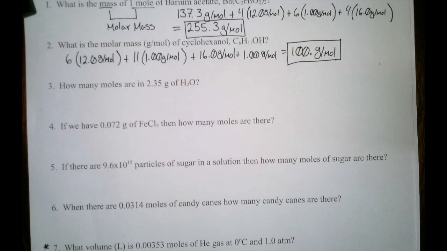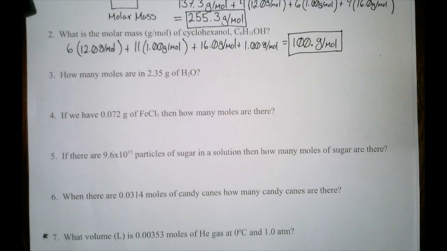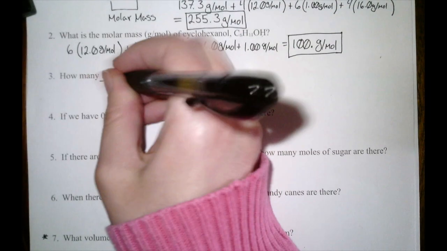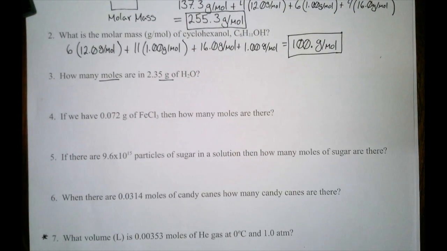Next up, we have an actual calculation here. So it says, how many moles are in 2.35 grams of water? Well, again, if we're dealing with moles and grams, we're going to need to use molar mass as our conversion factor. So the very first thing we're going to need to do is find the molar mass of water.